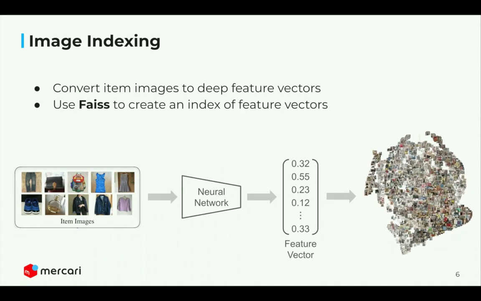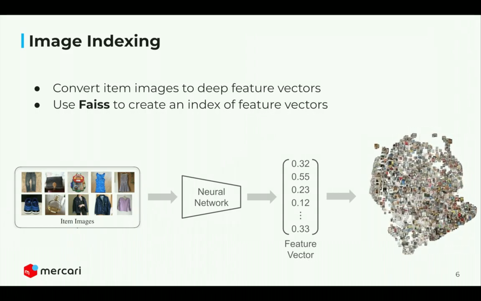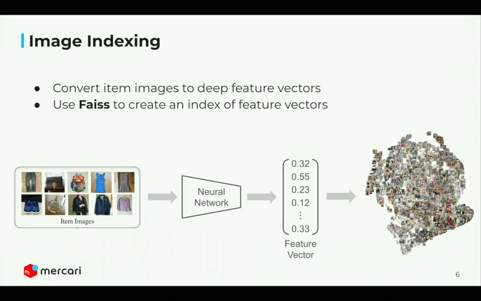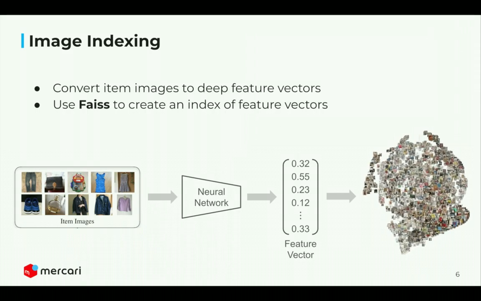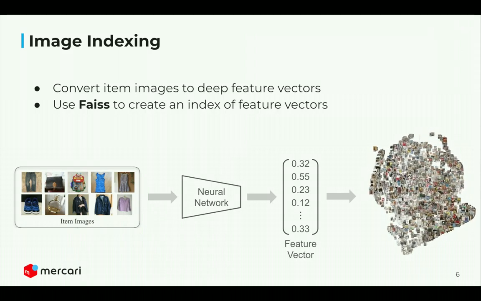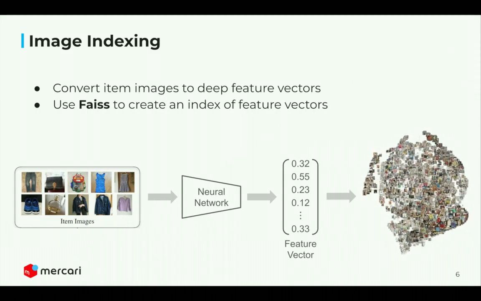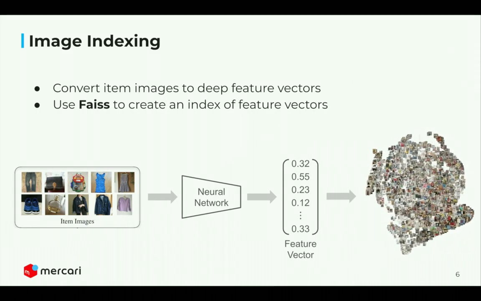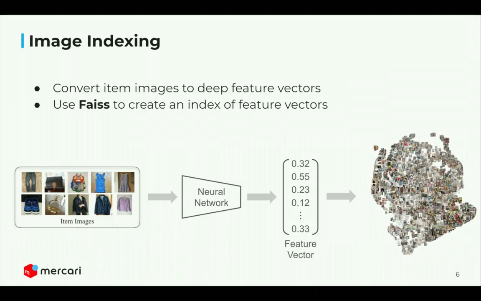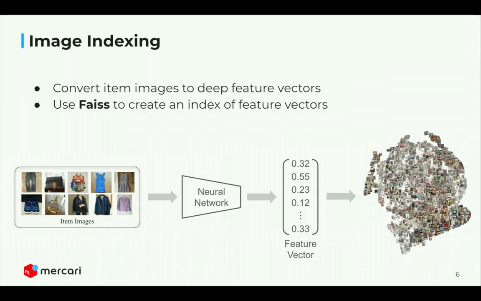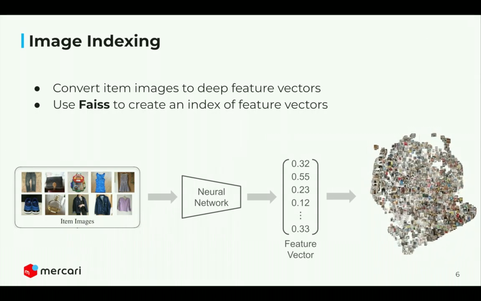Image indexing. To search for similar images at scale, we need an efficient way to represent the images, which also preserves a notion of similarity between images. So, we use a deep neural network to convert images to feature vectors.